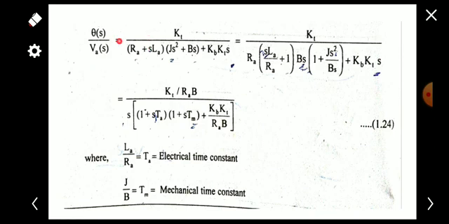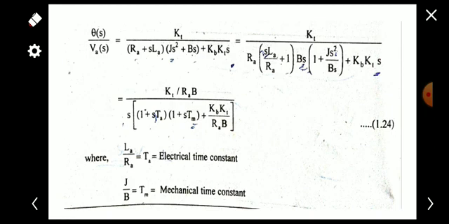So theta(s) by Va(s): from the denominator we take Ra outside from the first term, so it becomes Ra into (1 plus sLa by Ra). And from the second term we take B s outside, so it becomes (1 plus J s square by B s), where s and s cancel. Plus Kb Kt s.